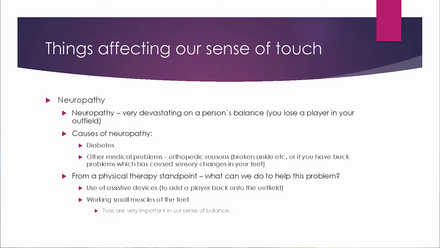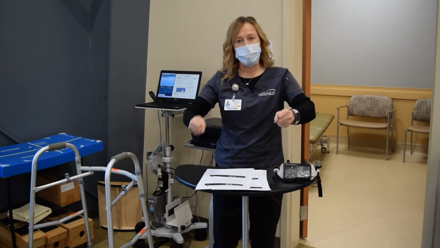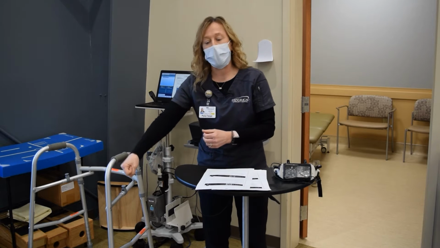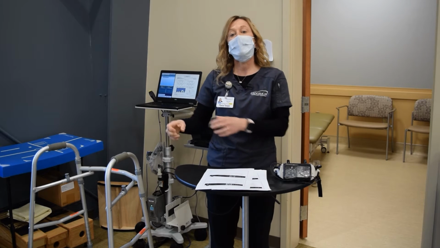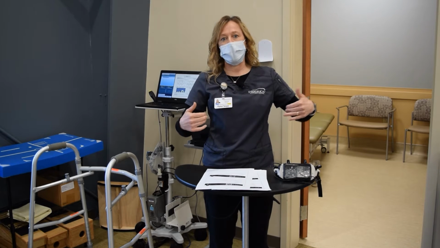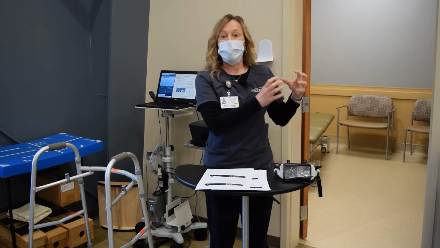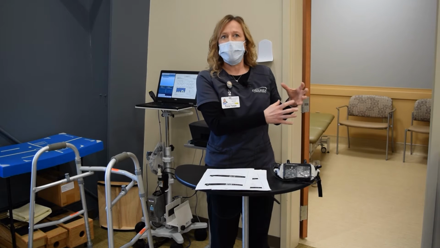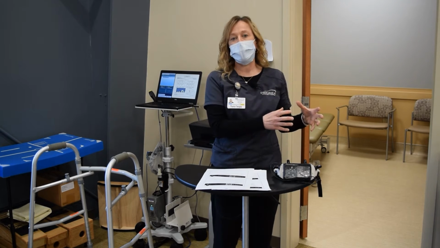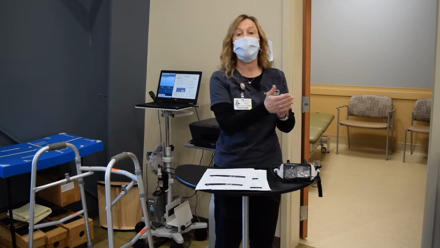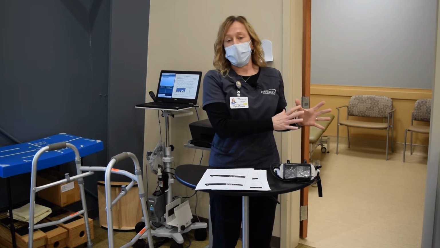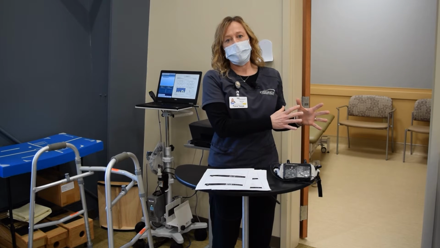Those devices help to enhance our sense of touch because now we're getting input through our hand about what surface we're walking on to help enhance those players in the outfield. So now you're using a cane and you're basically adding an extra player from the bench onto the outfield. So now you have your eyes, your ears, and your sense of touch coming through your hand. So sense of touch, major role in our balance.